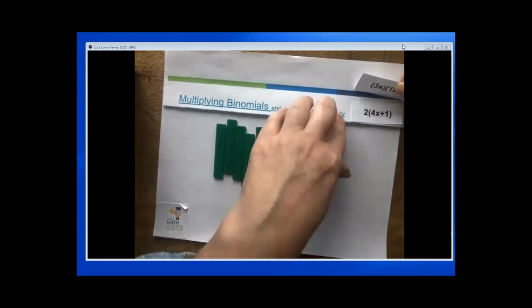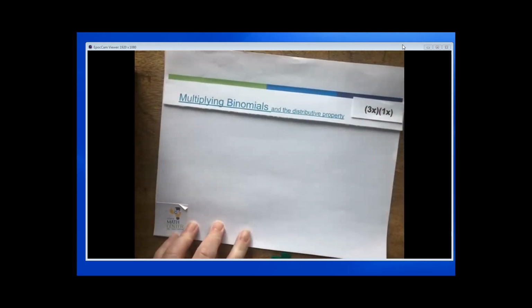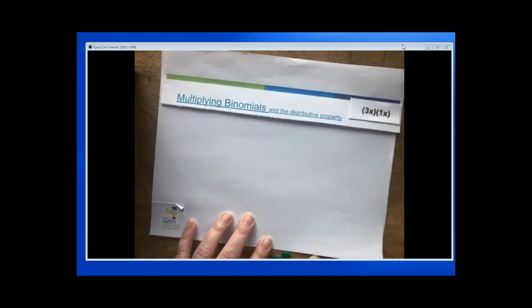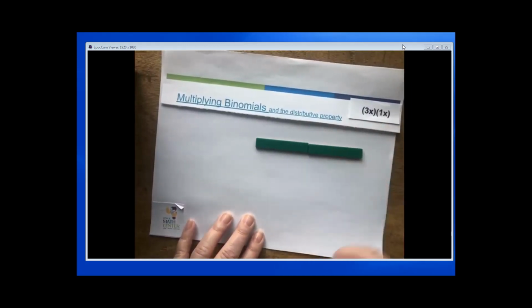Okay, let's look at this one. Okay, well, I know I have to multiply these, but the variables in there are confusing me a little bit. I'm not sure, but I can build this. So let's take a look at what this would look like. One of my factors is 3x.